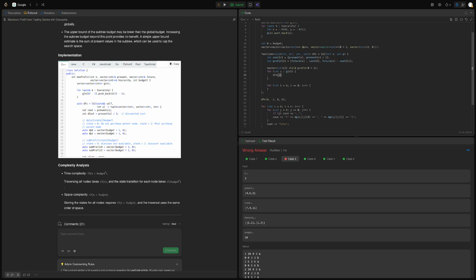And then we want to run the FSUV. Then we want to go through budget, they say.